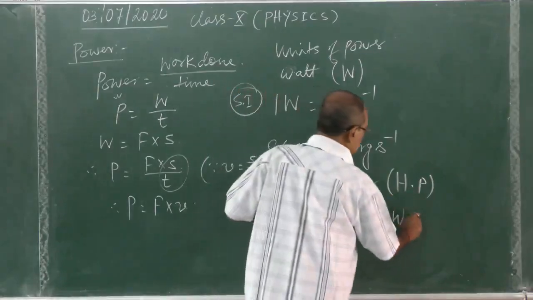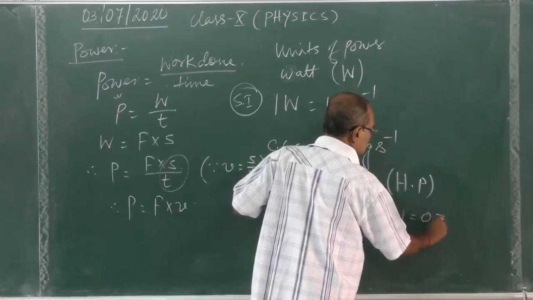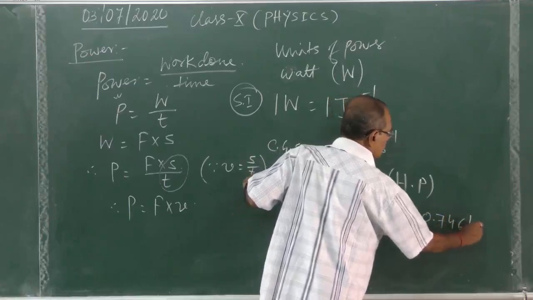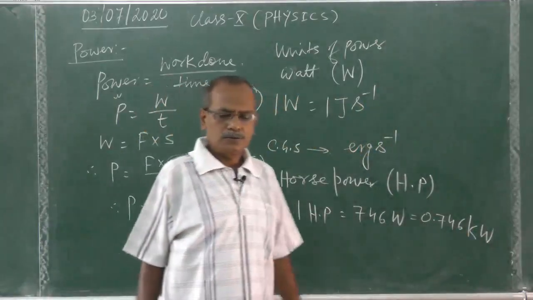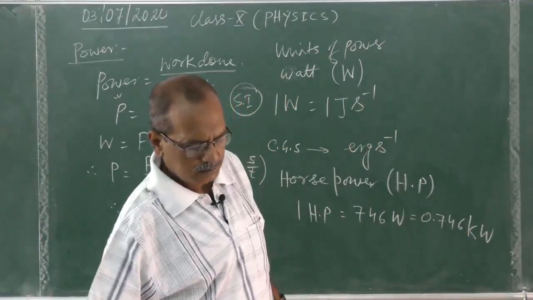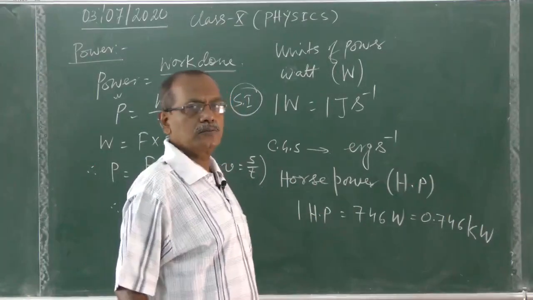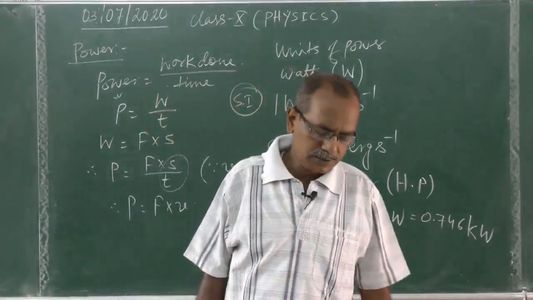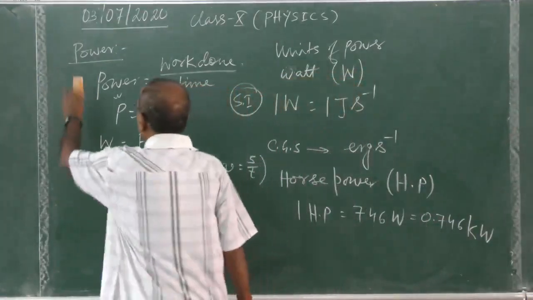We can change it into kilowatt by dividing by 1000. So 1 horsepower is equal to 746 watt or 0.746 kilowatt.